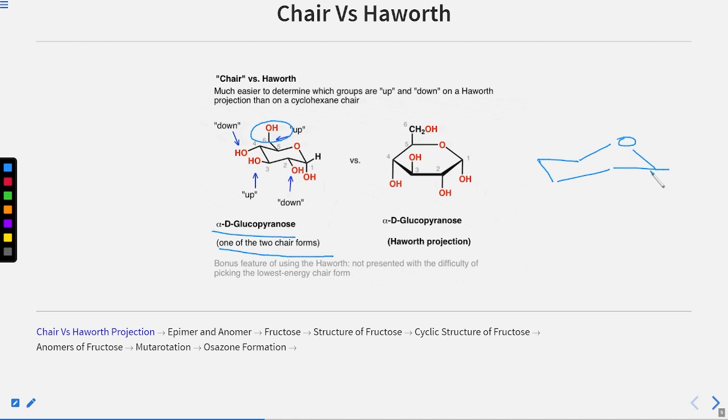Now oxygen will have lone pair. Of course, it will have lone pair. Now what will happen due to this lone pair? Lone pair will also be aligned in two ways, one axial and one equatorial. Now what will happen? So let me draw it for you on a page.